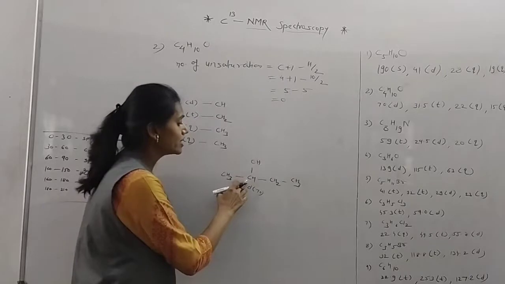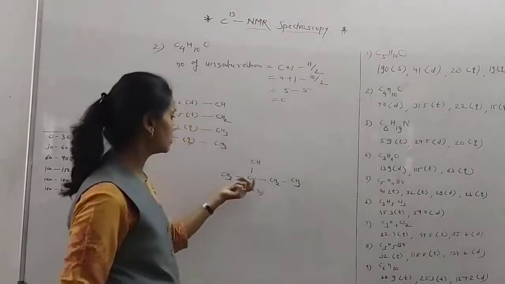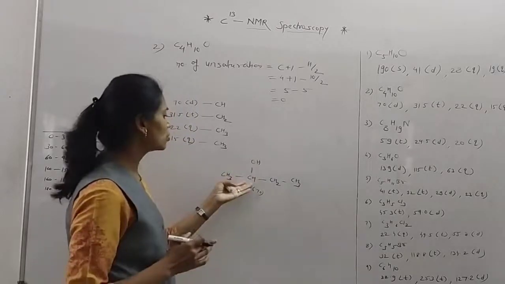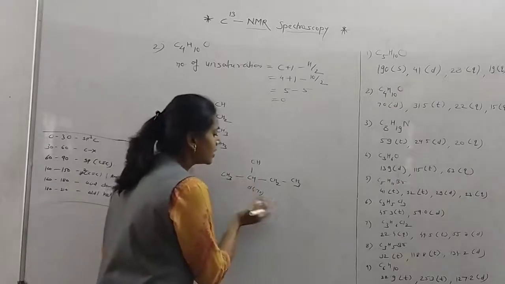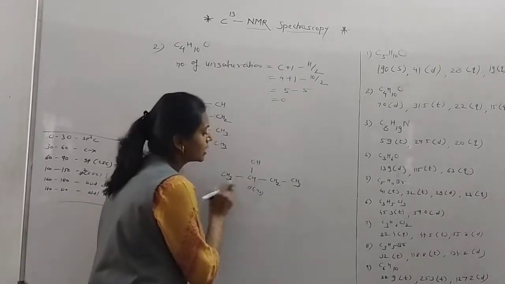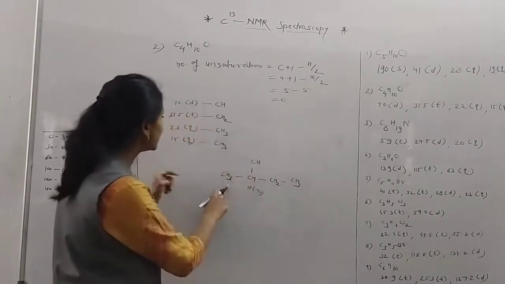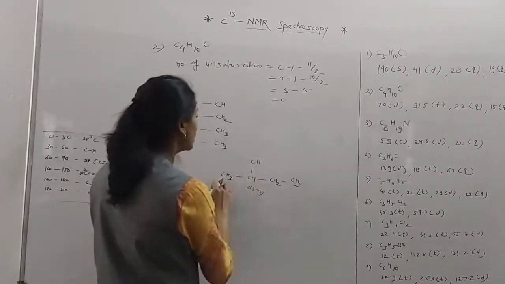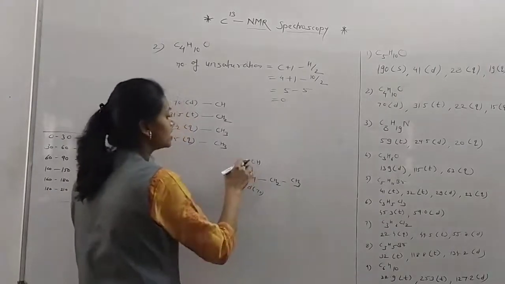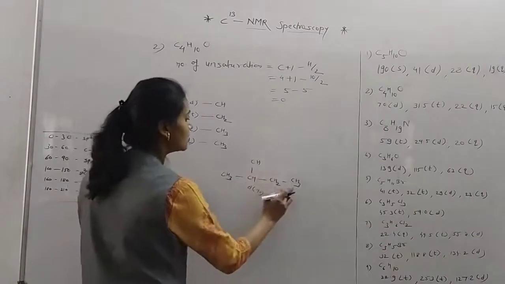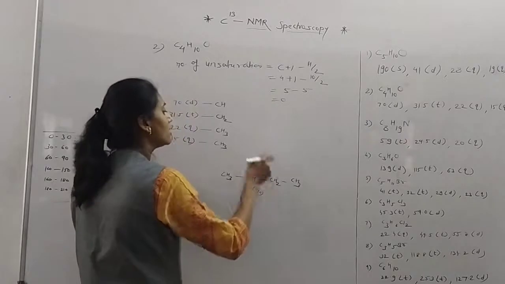Here this CH shows the signal; it is sp3 hybridized and normally shows a signal between 60 and 70, but its value increases, meaning it goes downward due to this OH. Now this CH3 and this CH3: this CH3 is attached to the carbon atom which is attached to the electronegative group, and this CH3 is attached to a carbon atom which is attached to carbon and then oxygen.